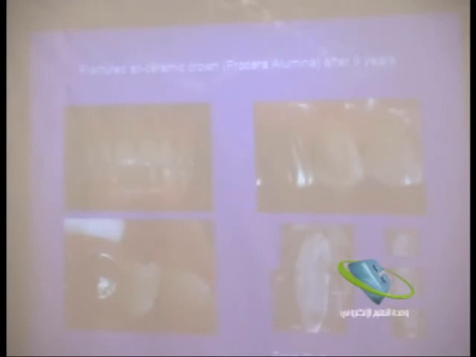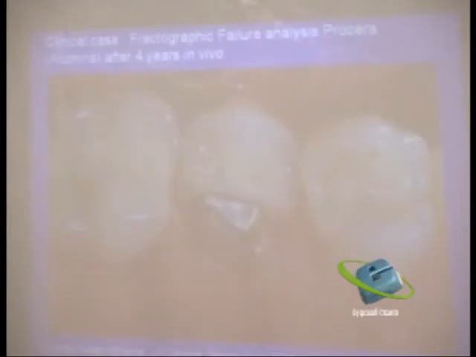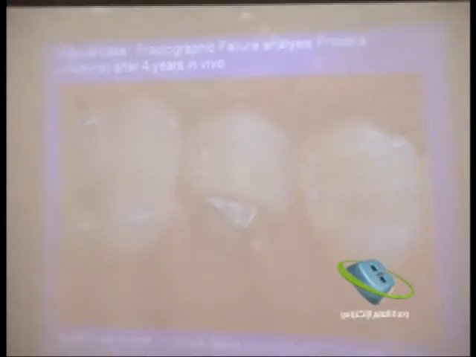But notice where it is failing from. The fracture is occurring from the margin areas of this system, not in the occlusal surface, but in the margins, and that crack extended across the top of that system and caused it to fail. Here's another example of an alumina system that failed after something like 4 years.